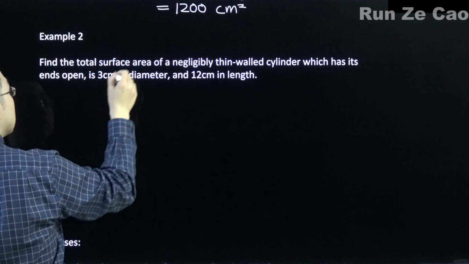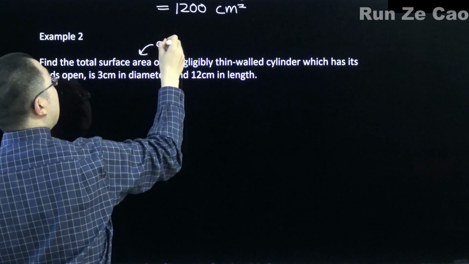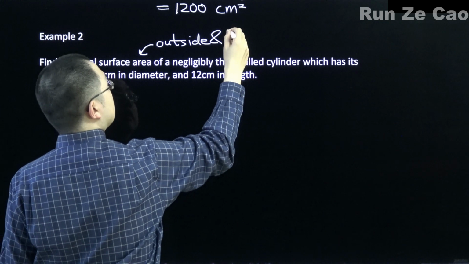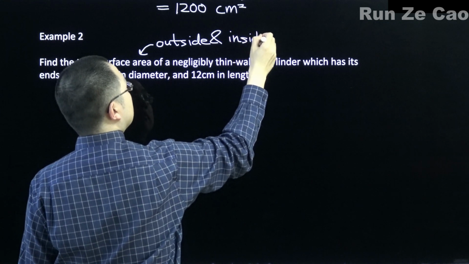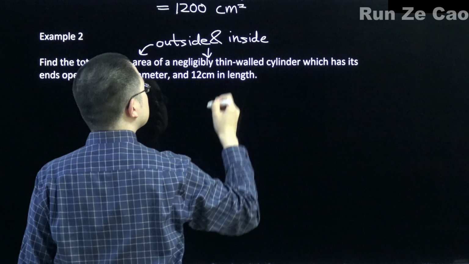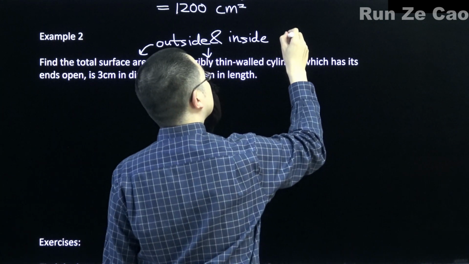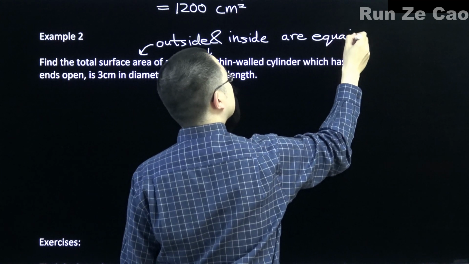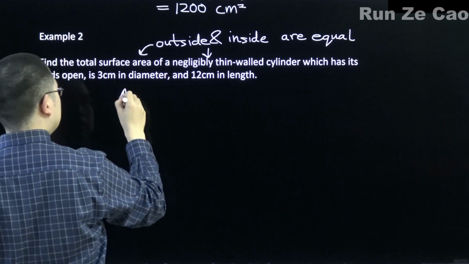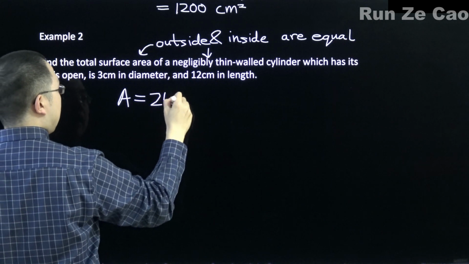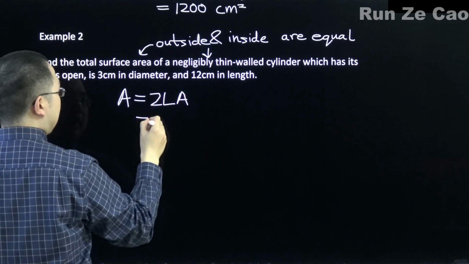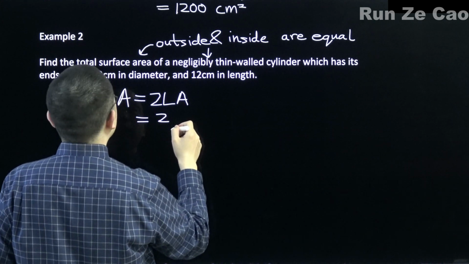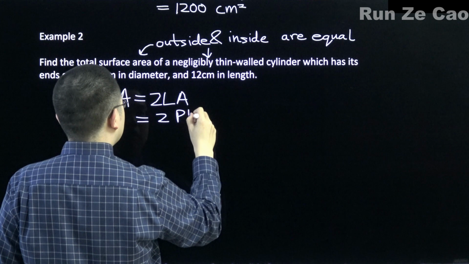This means outside and inside. And negligibly thin-walled means that these areas are equal. So the area is equal to 2LA, 2 times the lateral area, which is 2 times perimeter times height.